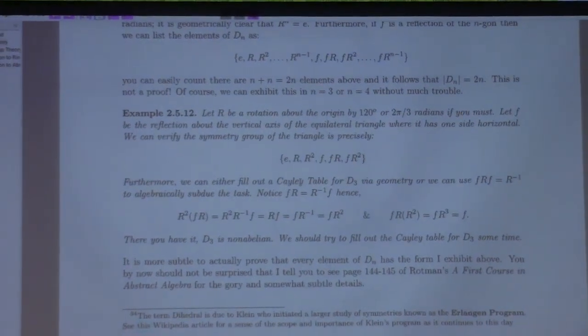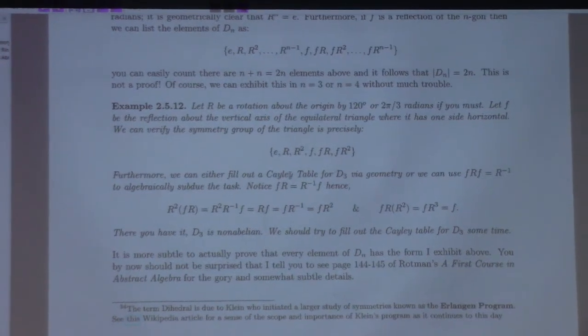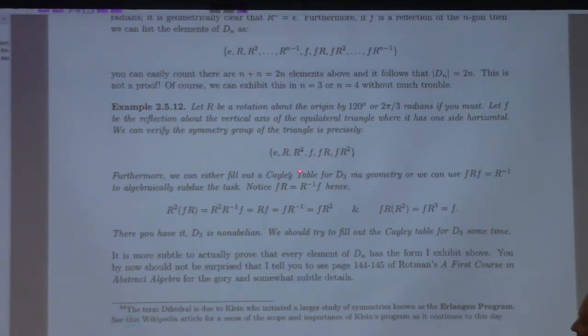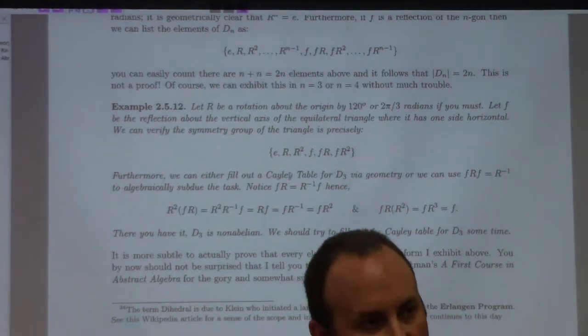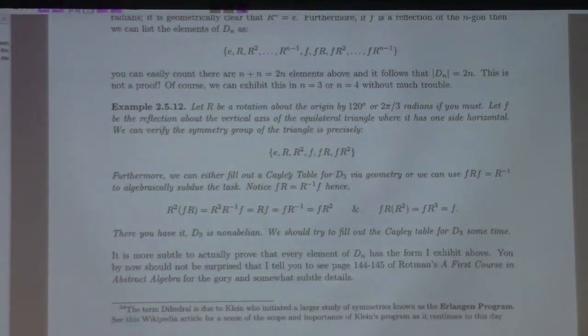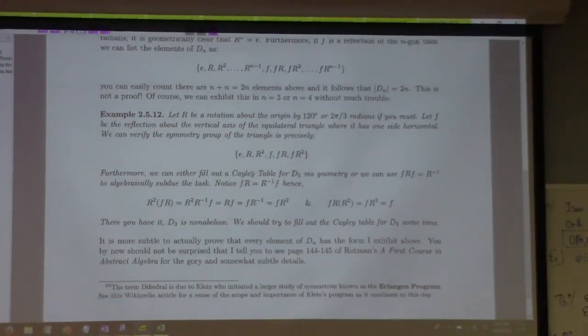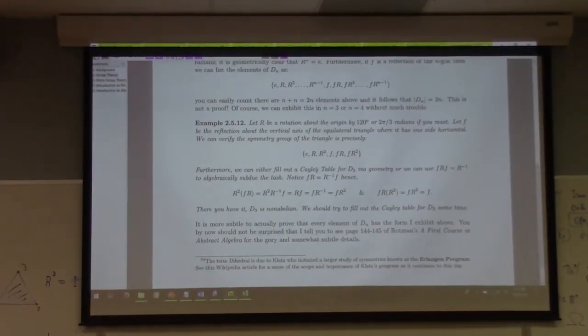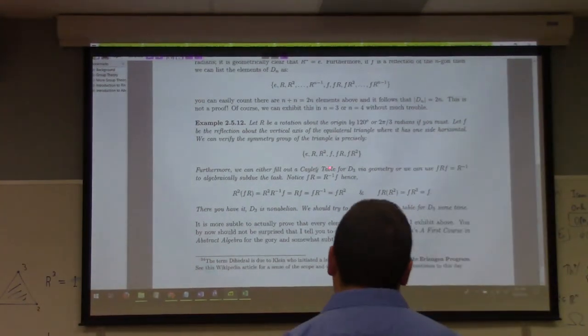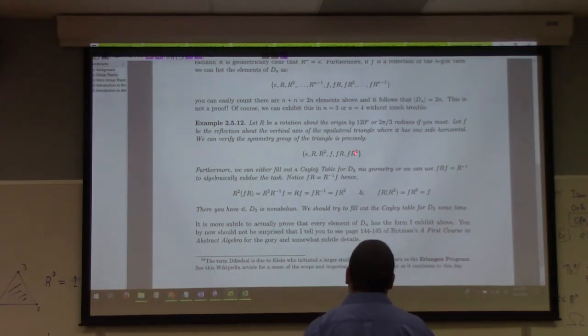So in summary, what we have just learned geometrically is that the dihedral group D3 has the identity, the rotation R squared, the reflection F, and then you can also have so-called rotoreflections: FR and FR squared.